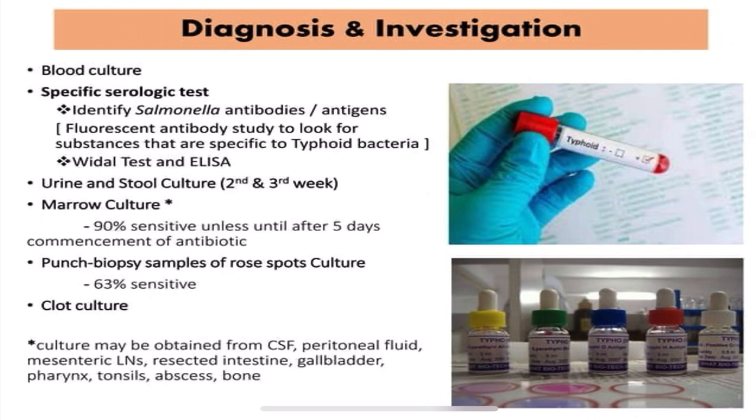We take a small sample of the bone marrow, and this marrow will be aspirated, and then this marrow aspirate will be cultured in an environment where the bacteria like S. typhi can grow. And once the aspirated marrow is cultured, we do the microscopic examination.